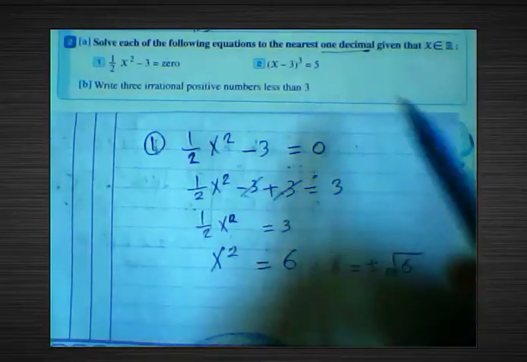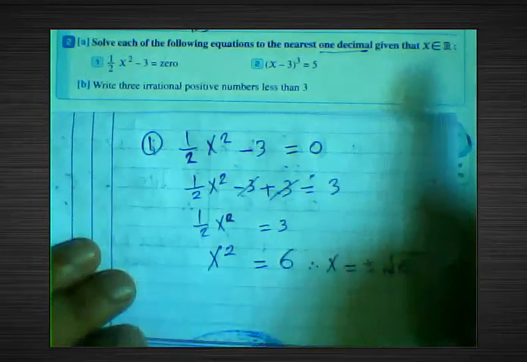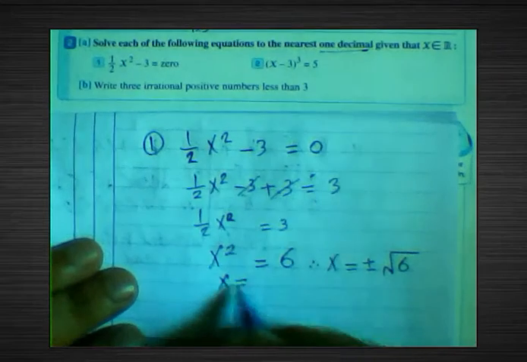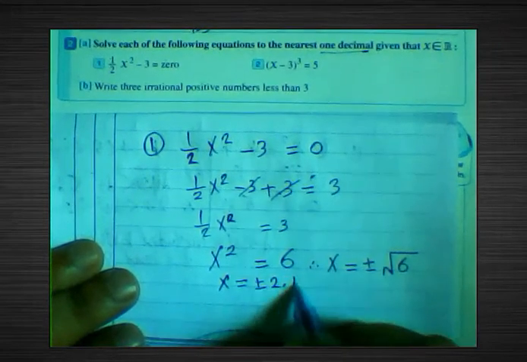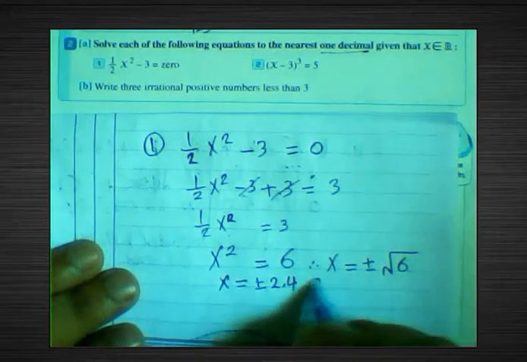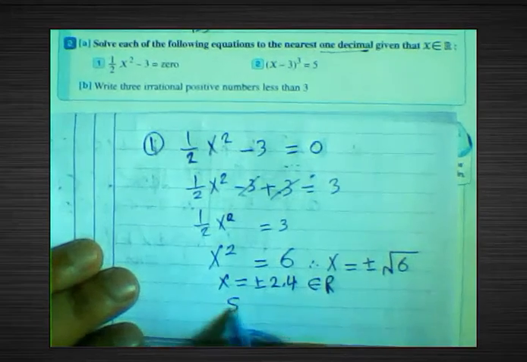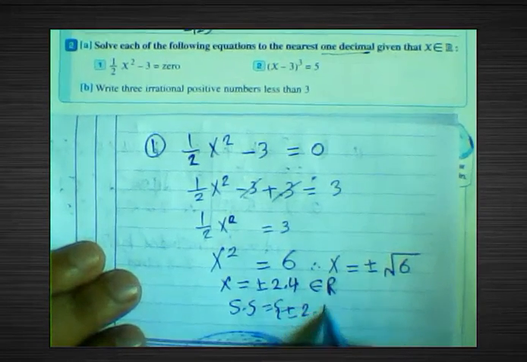He wants the answer to the nearest decimal. So x equals positive or negative 2.4. Belonging to R, the solution set equals positive or negative 2.4.